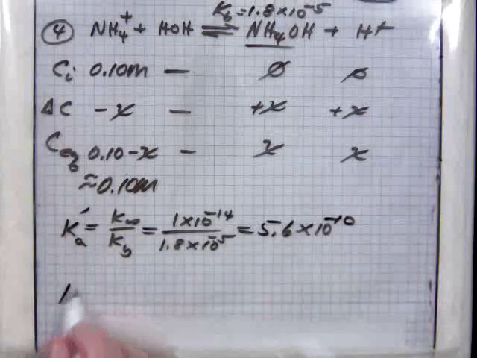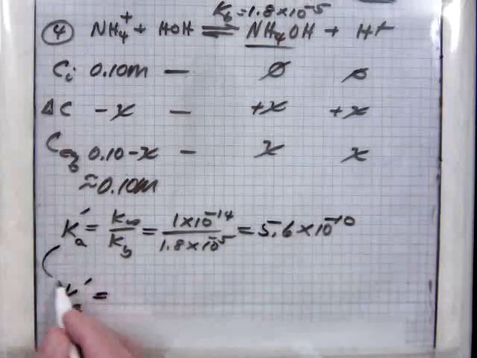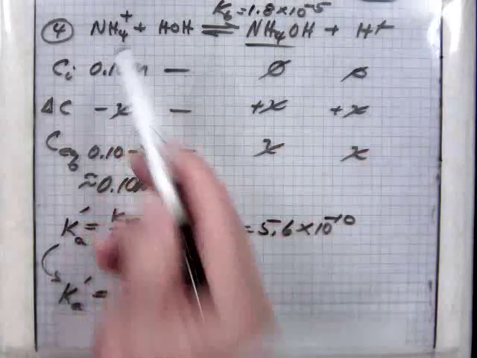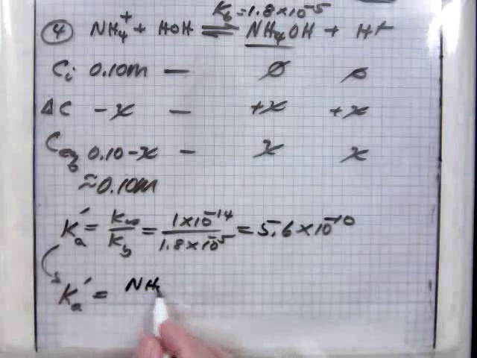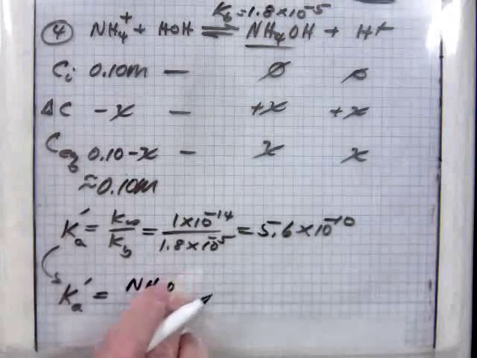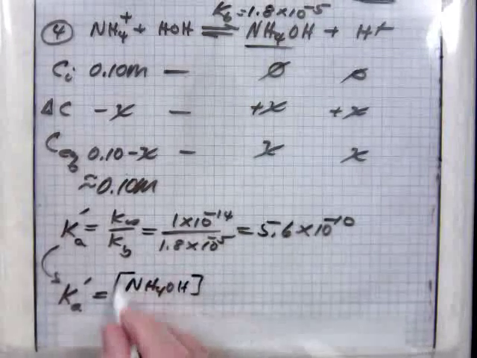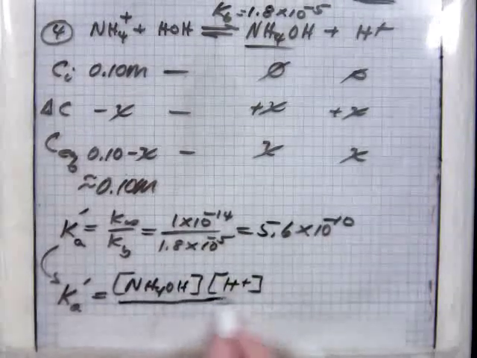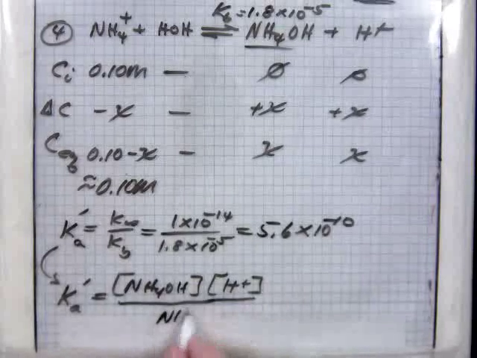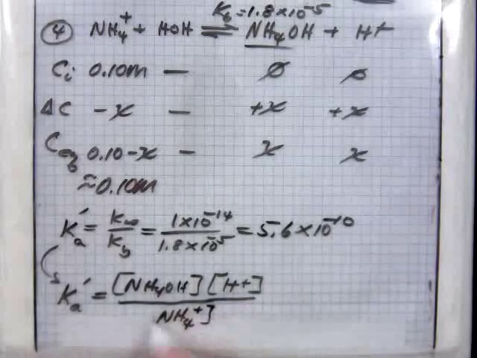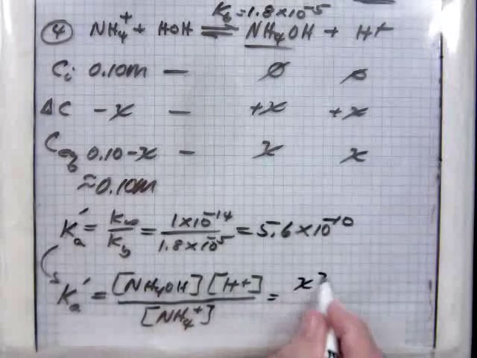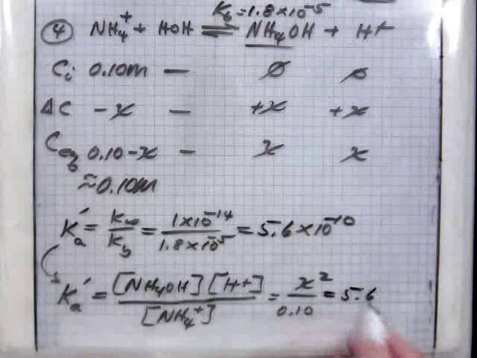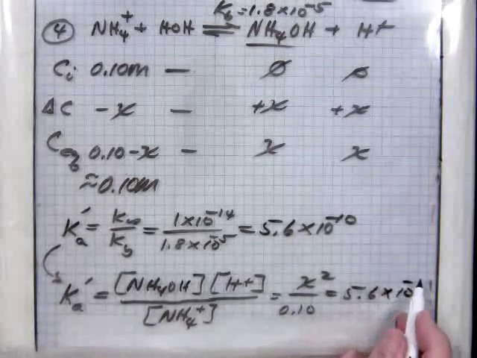Now, your Ka prime is equal to products over the salt reaction. Okay, so you have the ammonium hydroxide that's formed from the acid-base reaction. It generates some hydronium ions, excess, divided by your ammonium ion concentration from the salt. And so that'll give you x squared over 0.10 to equal the 5.6 times 10 to the minus 10.